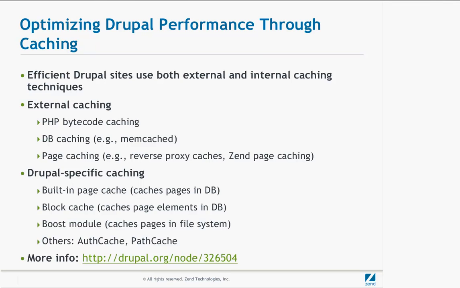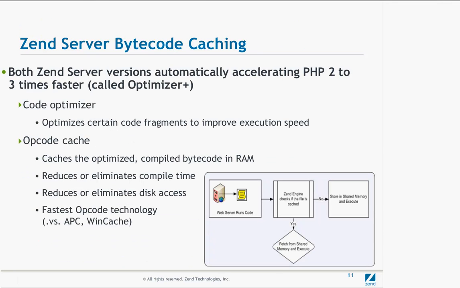So Zend Optimizer Plus improves PHP performance typically 2 to 3 times faster when you compare it to open source PHP. By doing this, this obviously eliminates the stages of parsing from the disk and compiling it on every request in Drupal. For further performance improvements, the stored bytecode is optimized for faster execution.